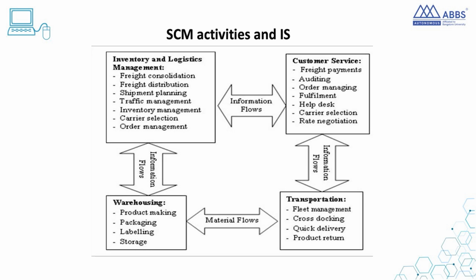Once these activities are performed, let us say once the product is made, there is customer service like order management, fulfillment, help desk, carrier selection or maybe rate negotiation. Similarly, once the product is ready, there might also be other inventory and logistics related management activities.